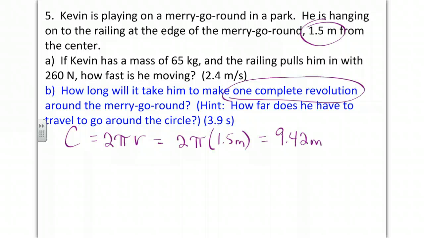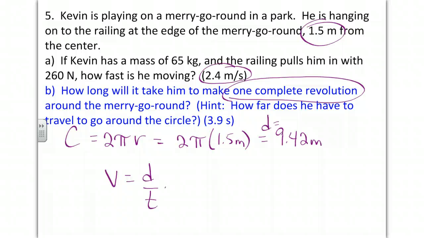Then we'll use velocity is equal to distance divided by time, and this is equal to our distance. We're going to use the velocity that we found in part A, 2.4 meters per second. So I'm going to solve this now for time.